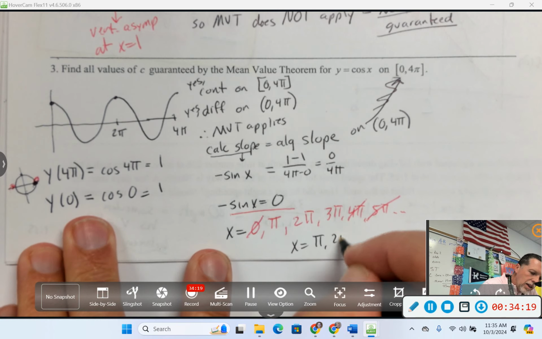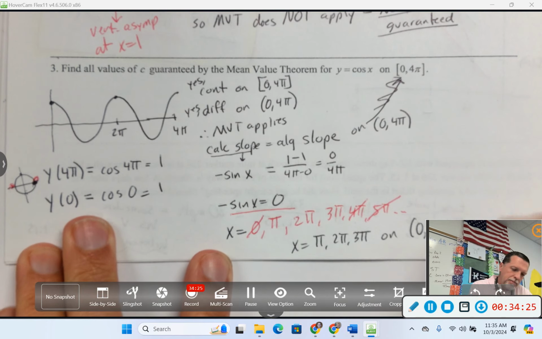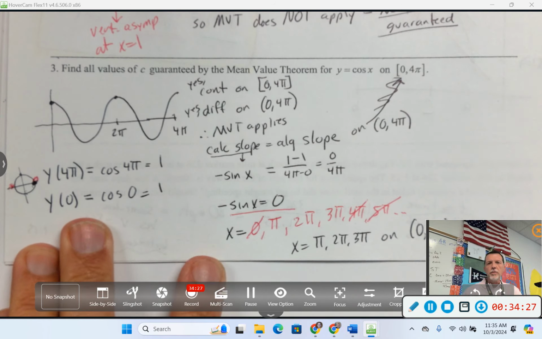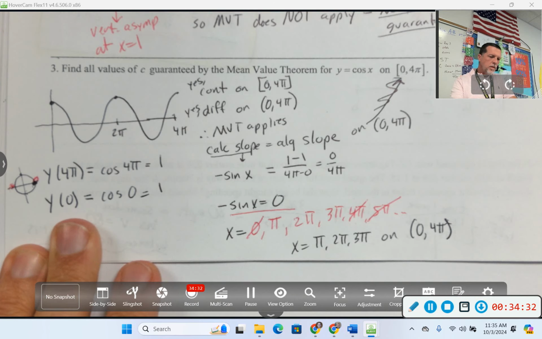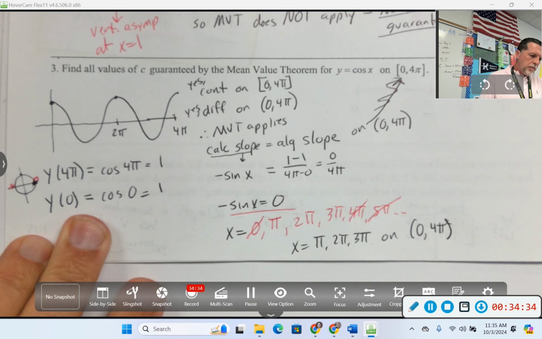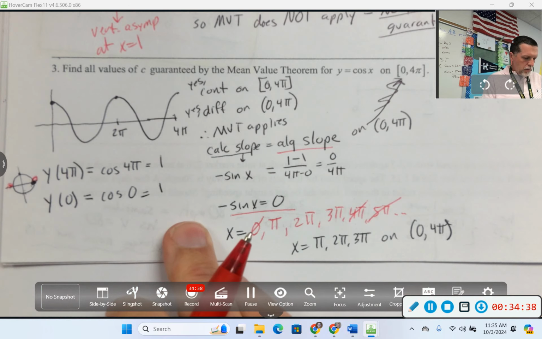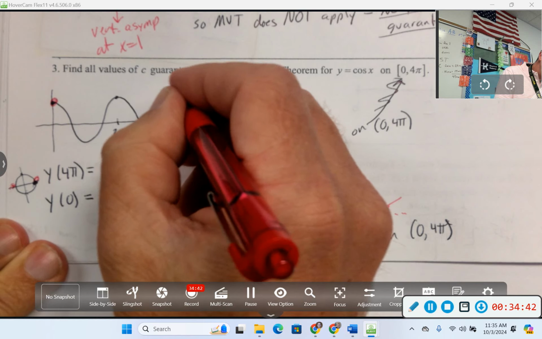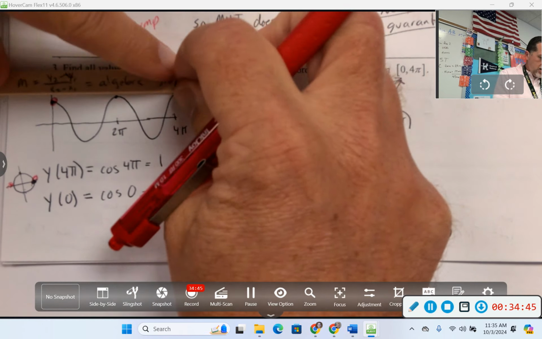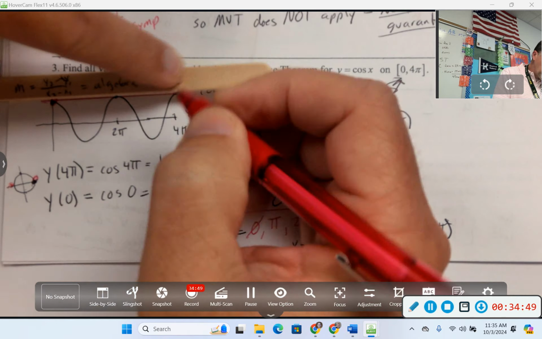So pi, 2 pi, 3 pi are on the interval from 0 to 4 pi, the open interval. Oh, I didn't do my picture thing here. The algebra slope, from start to finish, is definitely a slope of 0. That's my average slope.